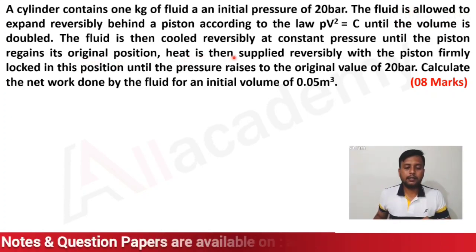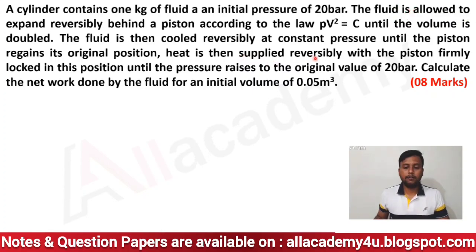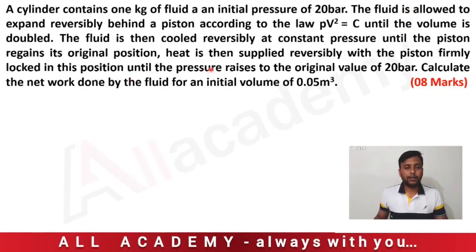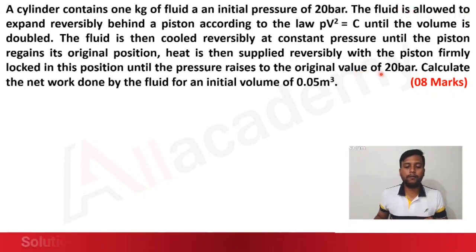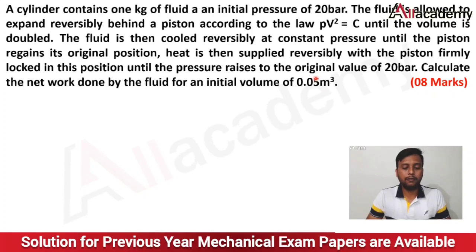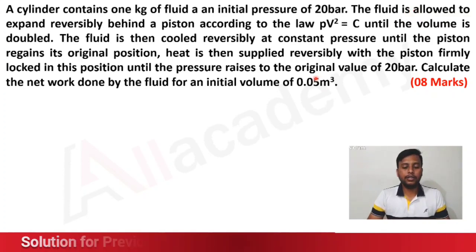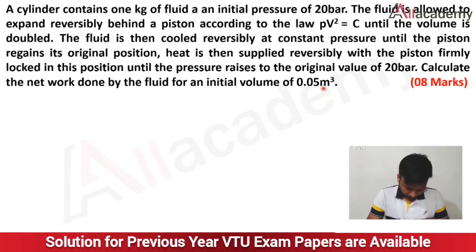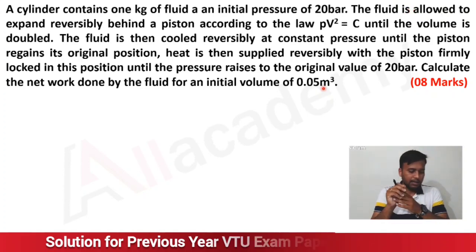Heat is then supplied reversibly with the piston firmly locked in this position until the pressure increases to the original value of 20 bar. Calculate the net work done by the fluid for an initial volume of 0.05 meter cube.